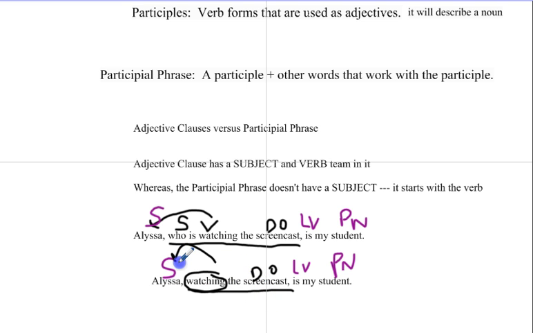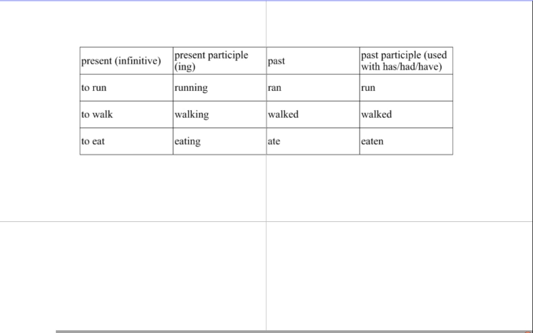So that's how they're different, and that's why people get confused. Now you'll notice that this participle ends with ing, so you know that that's a present participle. And this screencast is going to be talking about past participles. So that's what we're going to learn about. So I'm going to turn the page.